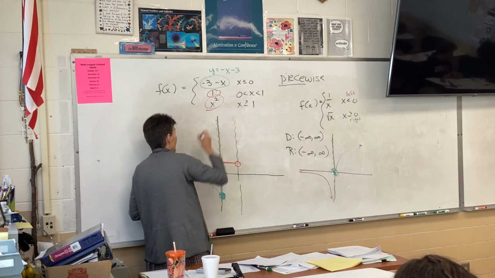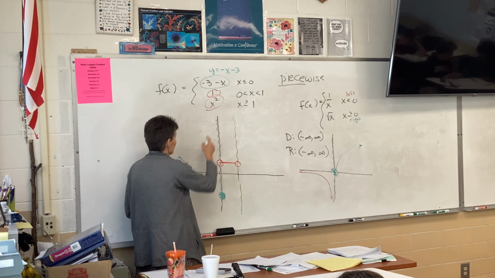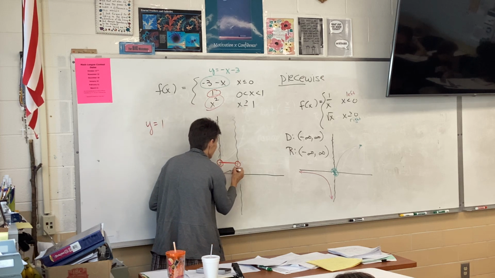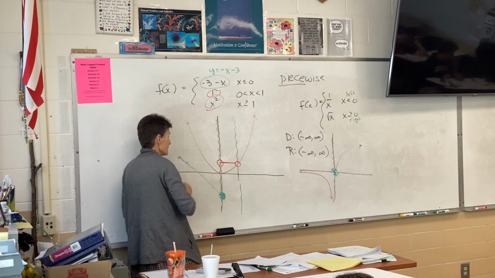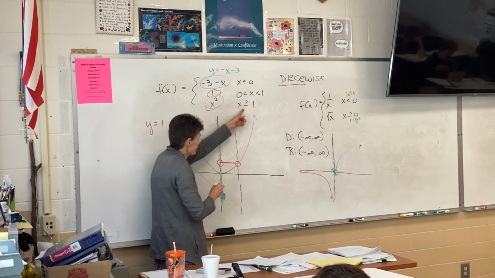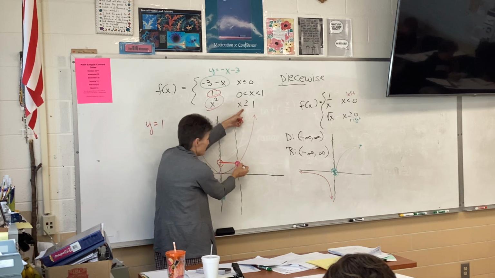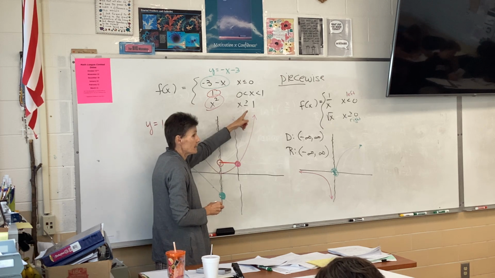What does that look like? Parabola. Vertex at the origin. There it is, right? It has a solid dot at 1. And what part do I keep?